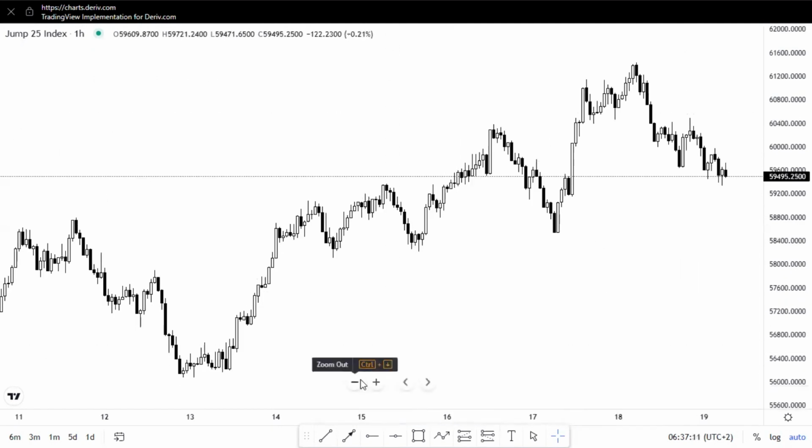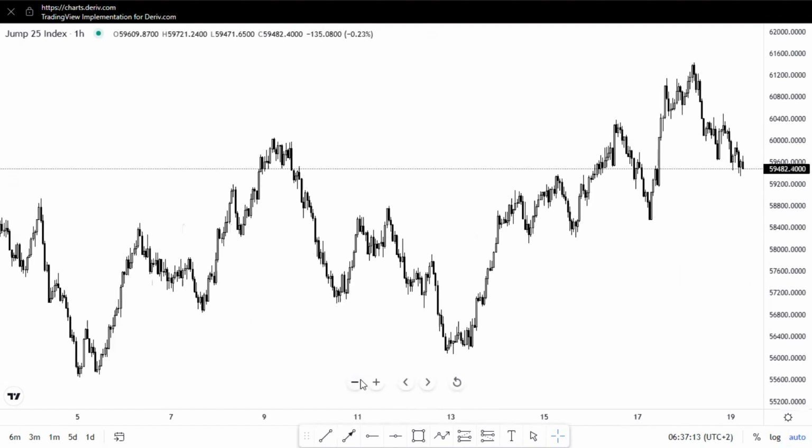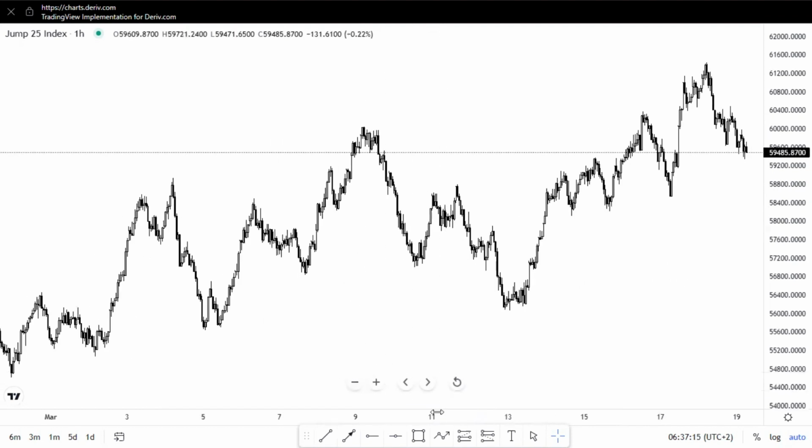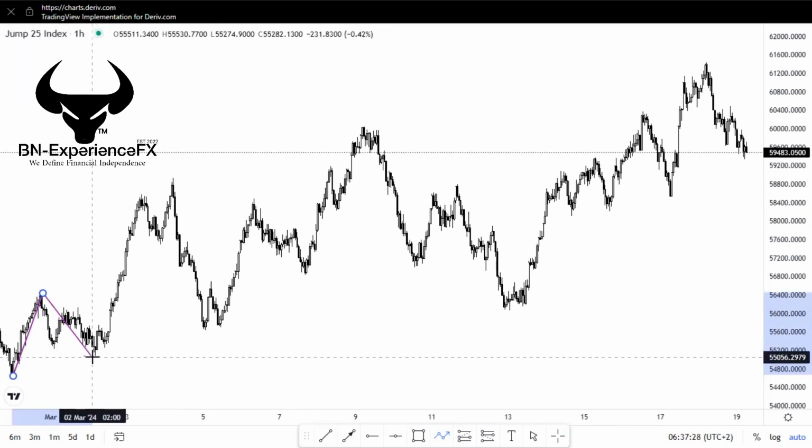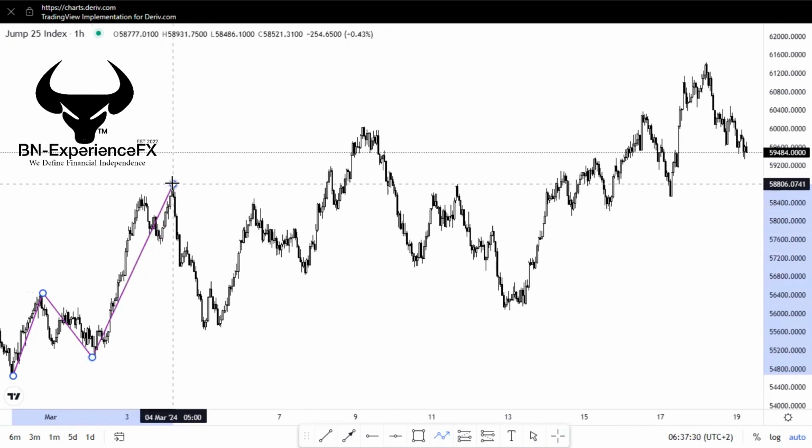1, 2, 3, 4. Then for the next step, after I identify that for now this is a bullish market structure, we can just trace this market here. Something like this.